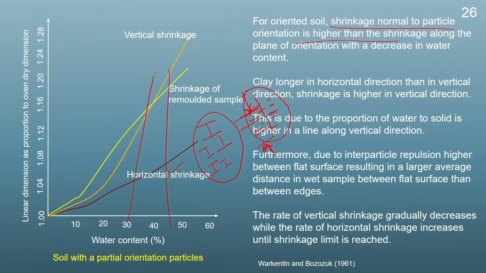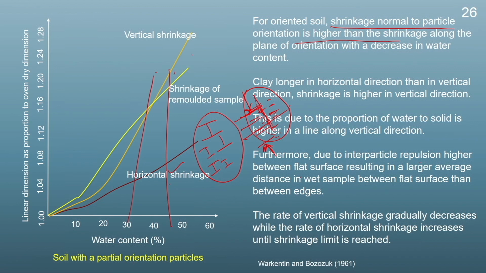If we draw a line here, more water is present along this line, and the ratio of water to solid is higher than along a horizontal line like this. Therefore, the more water associated with it, the more shrinkage will take place, so the vertical shrinkage will be more than the horizontal shrinkage.